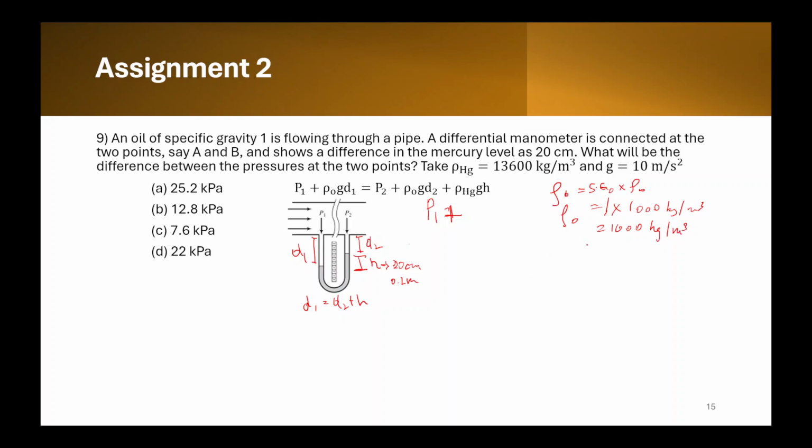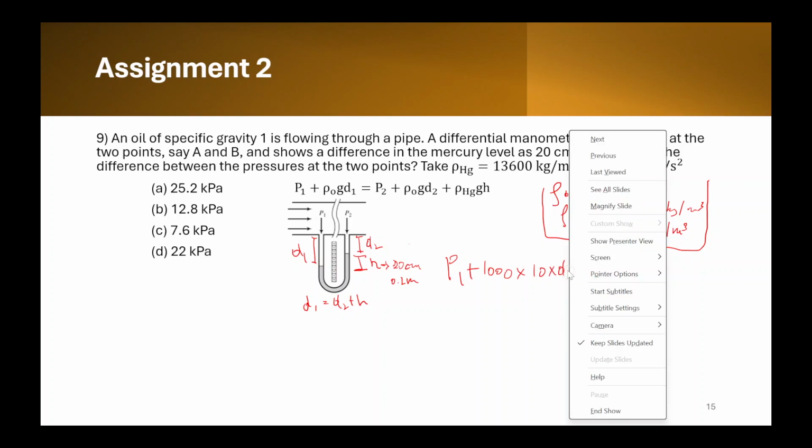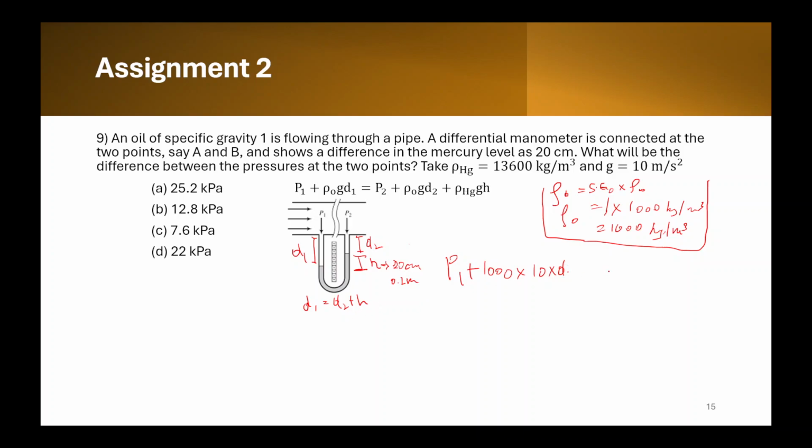Now from here, we can put the values in this relation. P1 plus 1000 into g, which we will take as 10, and D1. D1 is given here as D2 plus H. So D2 plus 0.2.